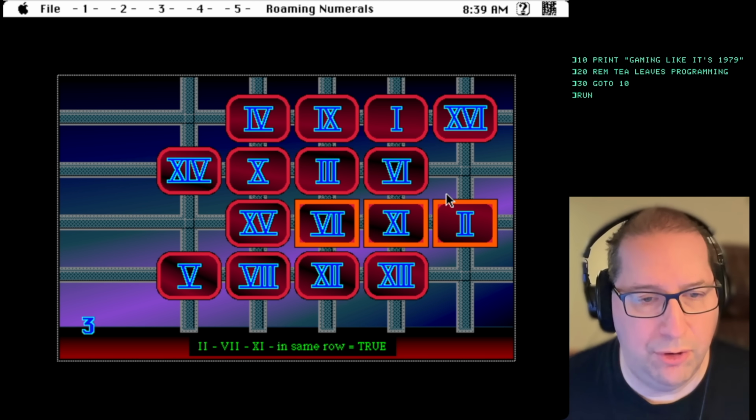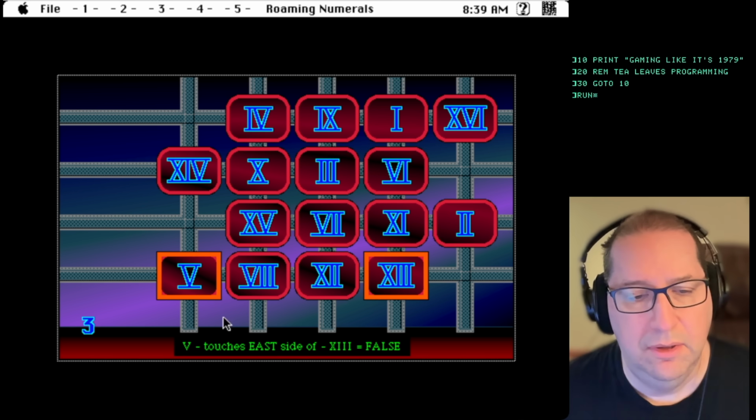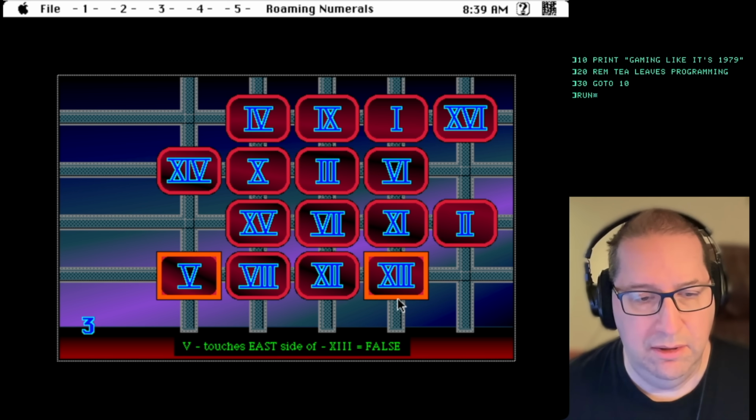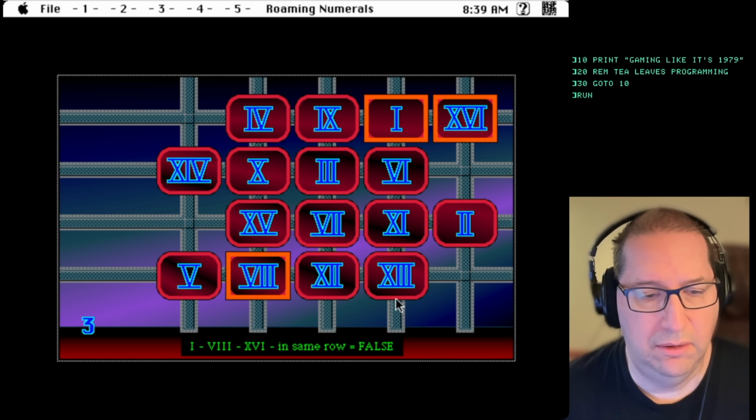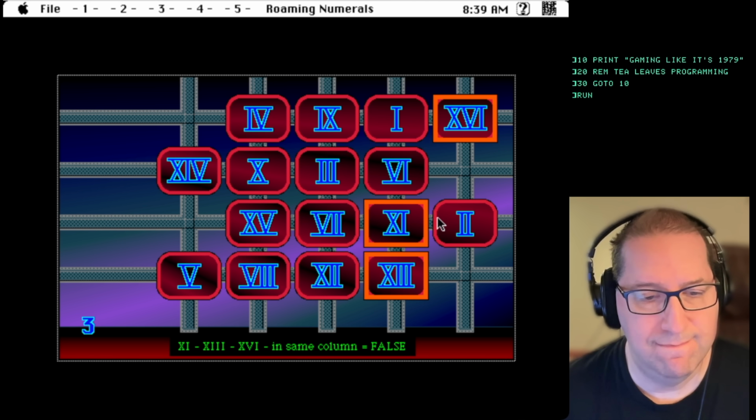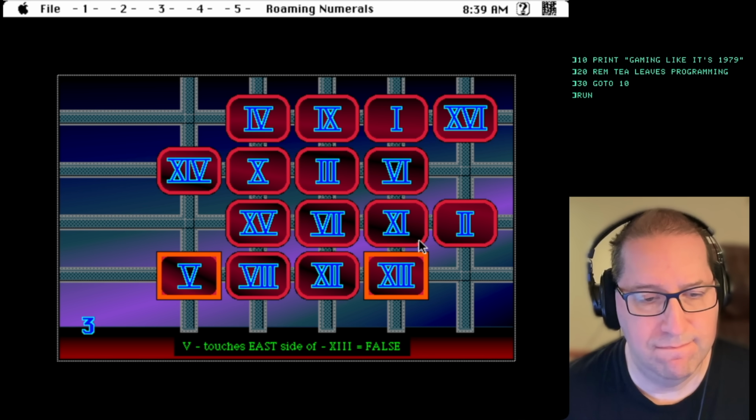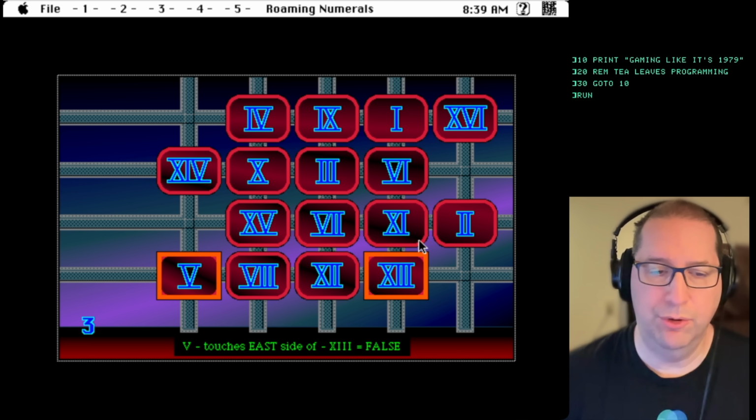Let's look only at false rules now. 5 and 13. 8, 1, and 16 in the same row. These three in the same column. So just 3 rules.